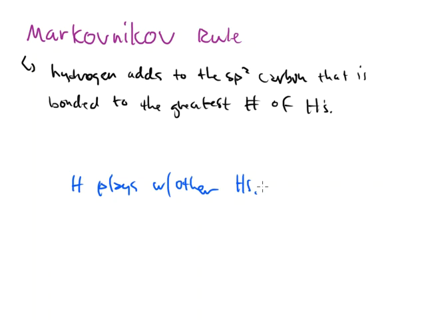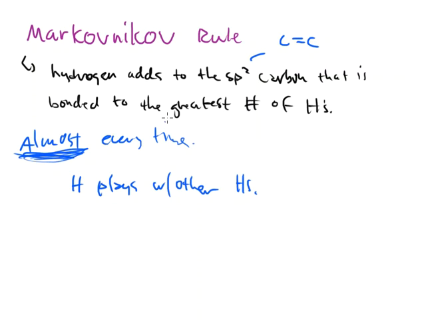So hydrogens play with other hydrogens. Okay, I can get that. I can maybe understand that a little bit better. They're cliquey. That's what they mean. An sp2 carbon is just a carbon that is double bonded to another carbon. So what this is basically saying is that Markovnikov's rule will follow almost, I'm going to key that right there, almost every time.